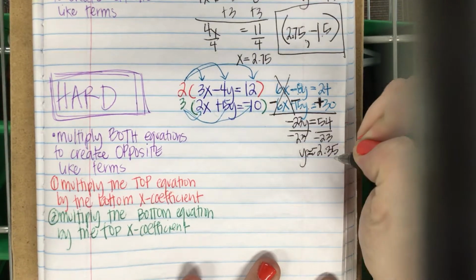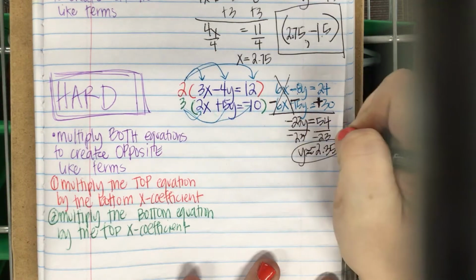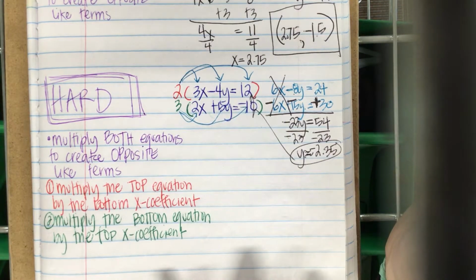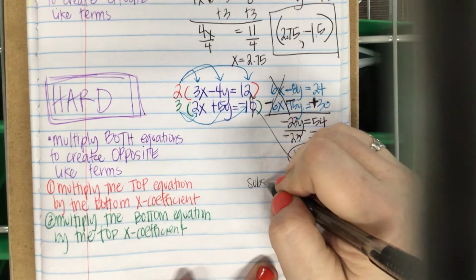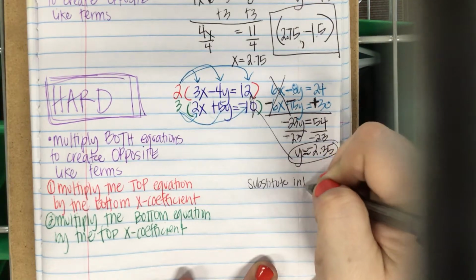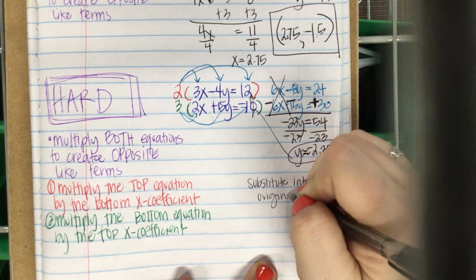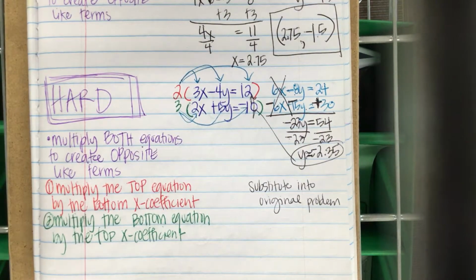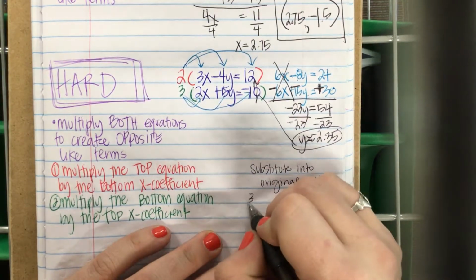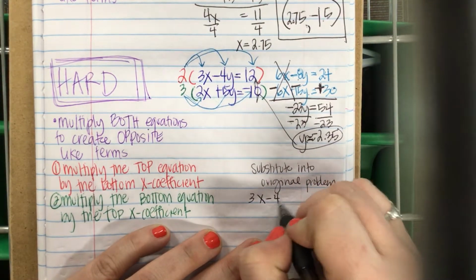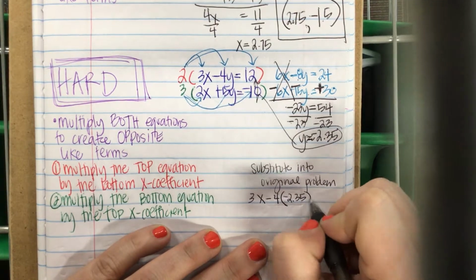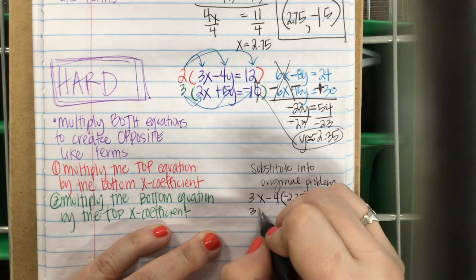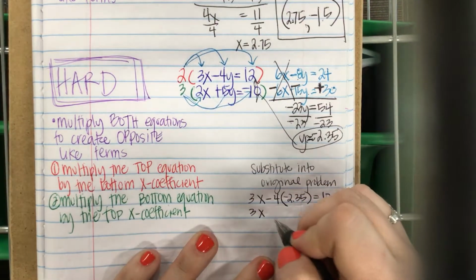After you find this number, then what do you do? Put it in one of the problems. Substitute into one of the original problems. 3x minus 4 times negative 2.35 equals 12. 3x, what do I get?